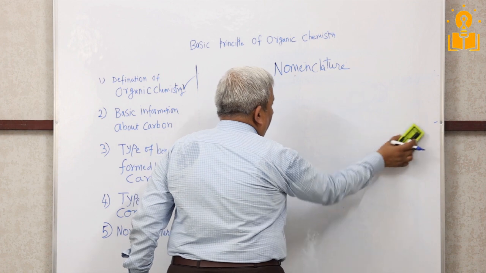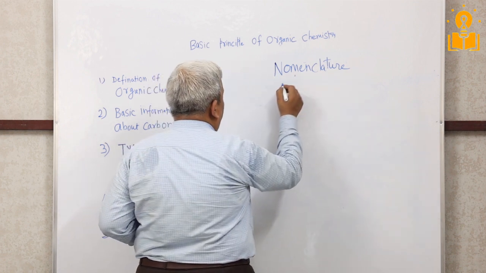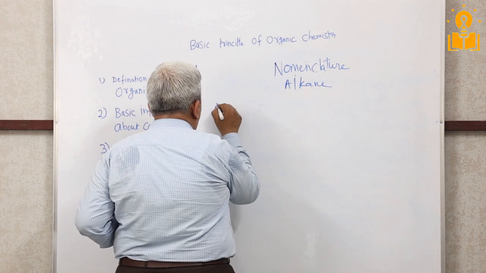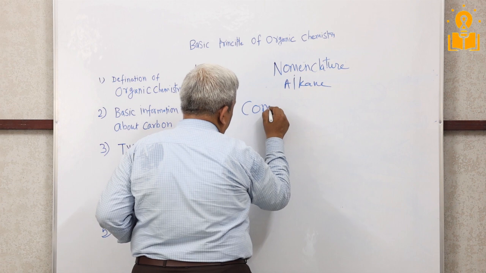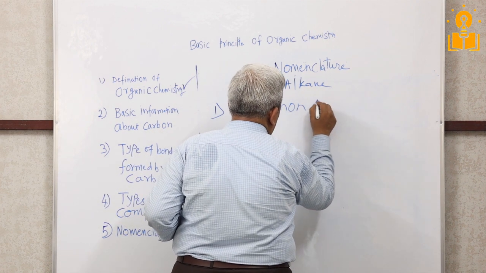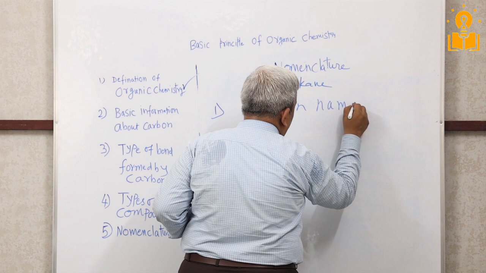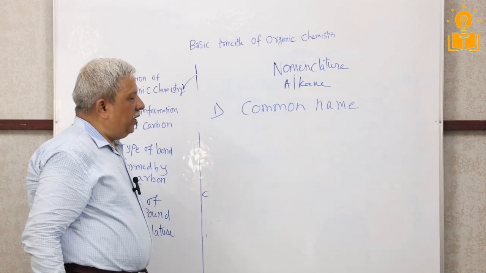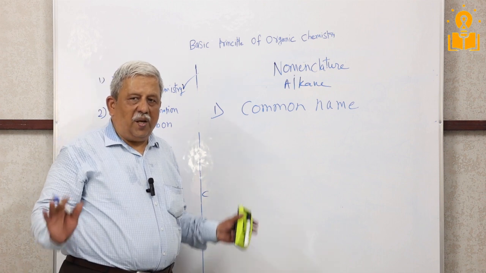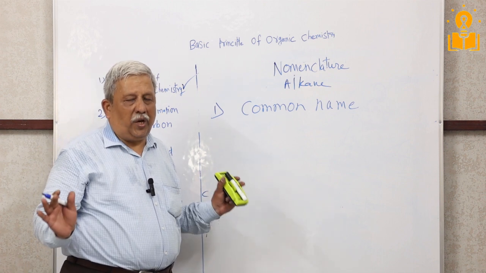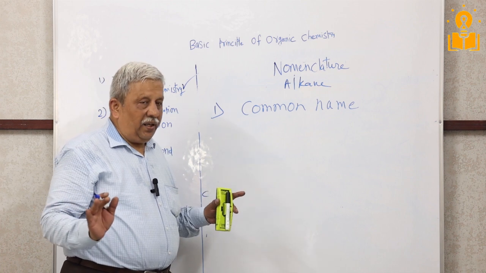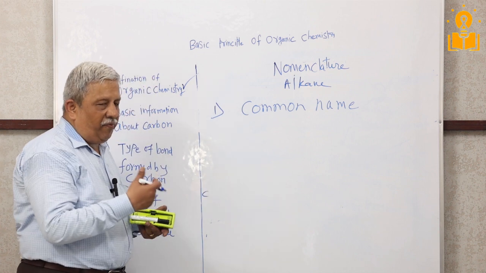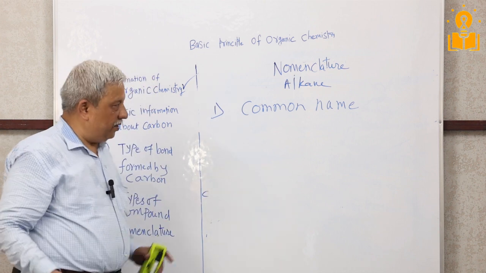Now we will see the nomenclature of alkane. The first thing, that is the common name. In this, you have to count just the number of carbon atoms, and based on that you can give the name. There are two more terms, but with the examples you will understand what they are.